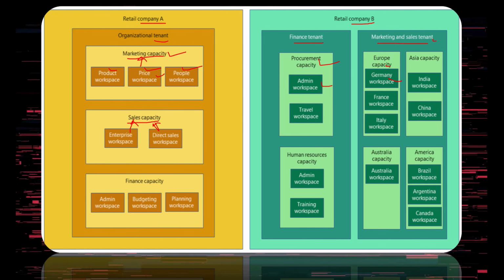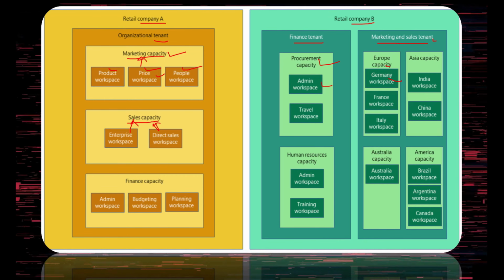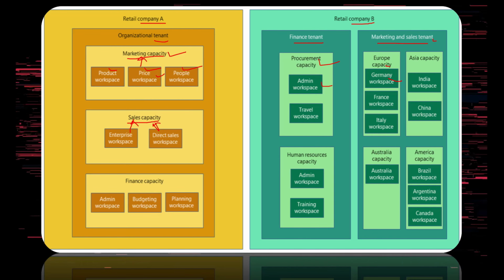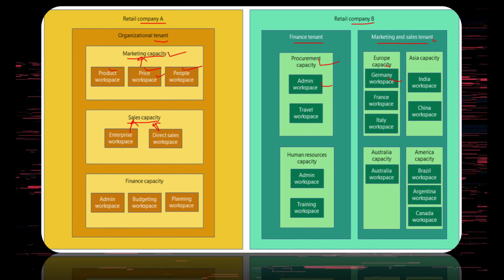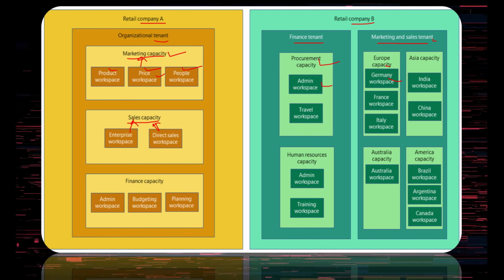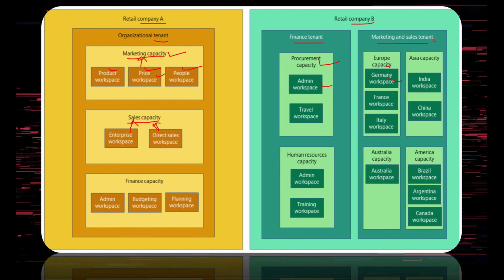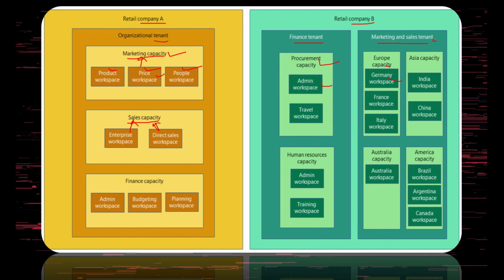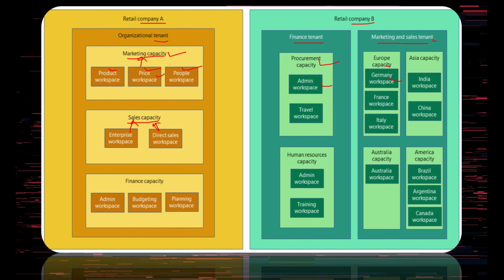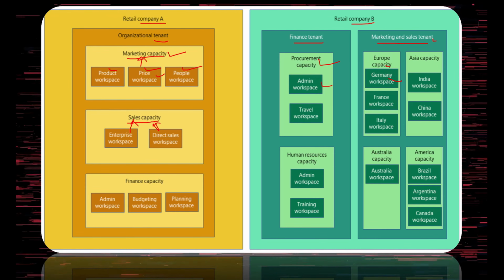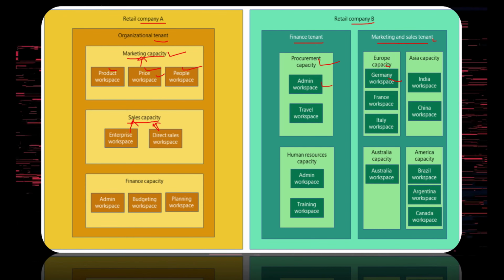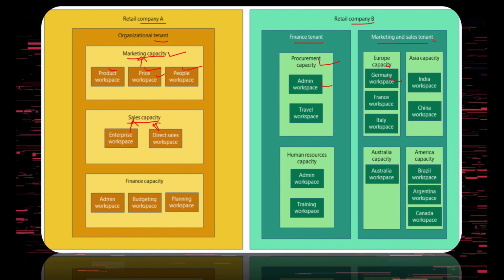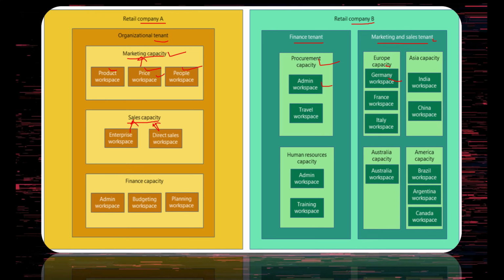For example, as you see here, for each continental geographical location they have created one capacity, and inside that, for each country, they have created one workspace. This purely depends on how your organization is hierarchically separated, and how the cost center works, how the costing and finance and all those billing work. Considering all those things, they might have chosen to have geographical based capacity planning and workspace planning.